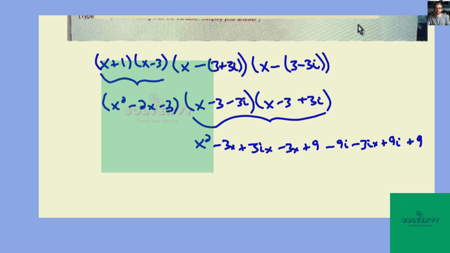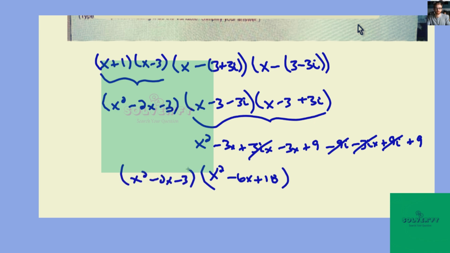Simplify this here. We've got a positive and negative 3ix. We've got a positive and negative 9i. This was x squared minus 6x plus 18 times the x squared minus 2x minus 3.